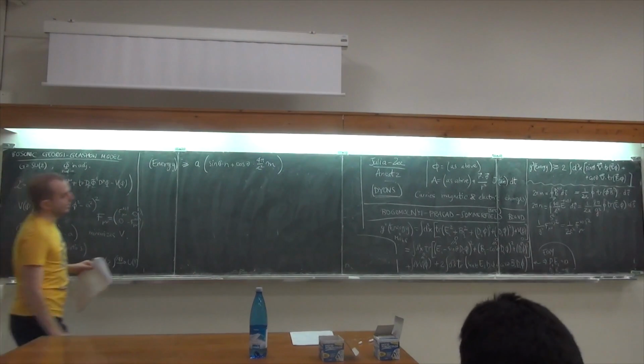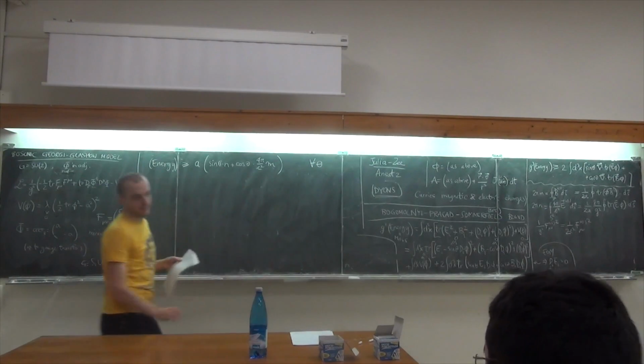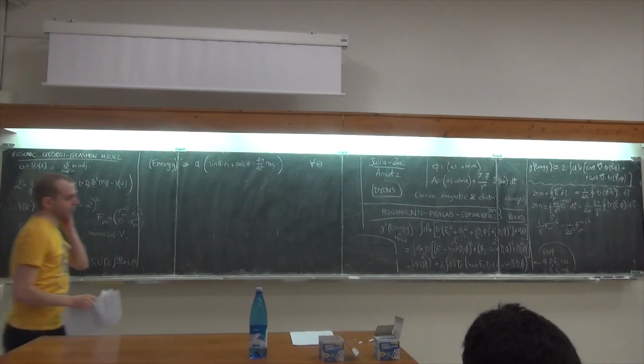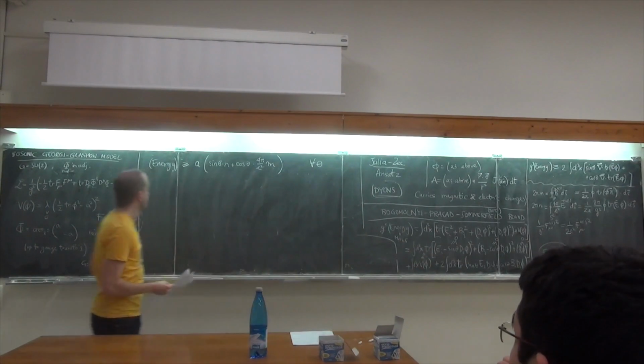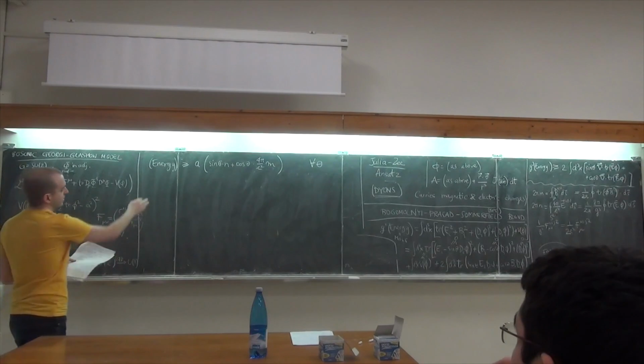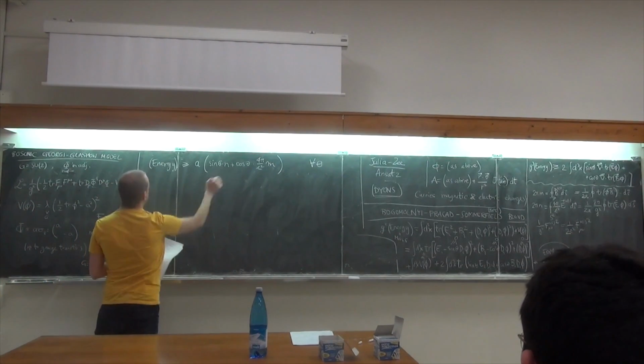Okay, and this bound holds for any value of the angular variable theta, which I just introduced in the manipulation. In particular, the strictest bound for the energy is obtained by maximizing the right-hand side.